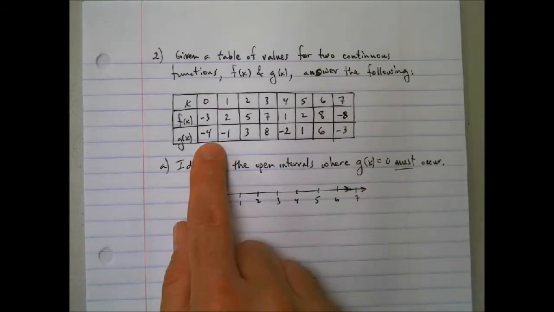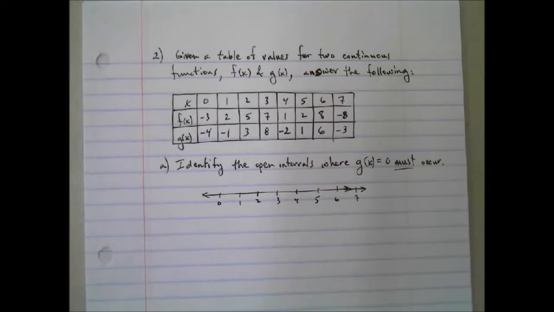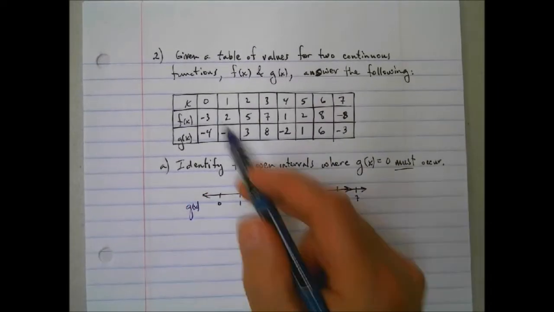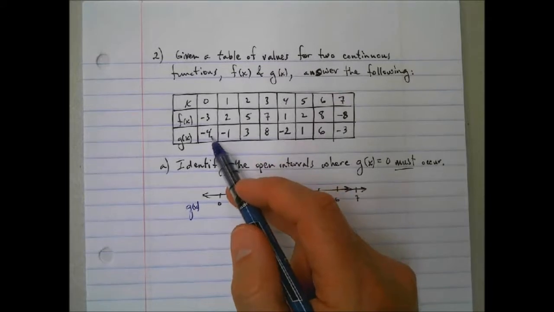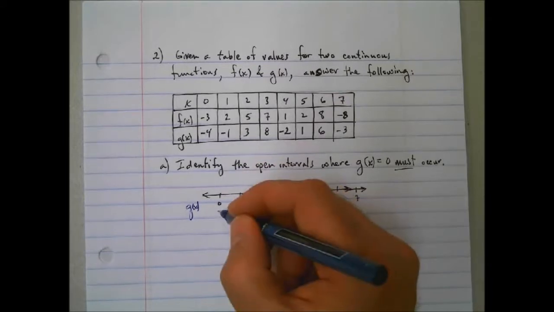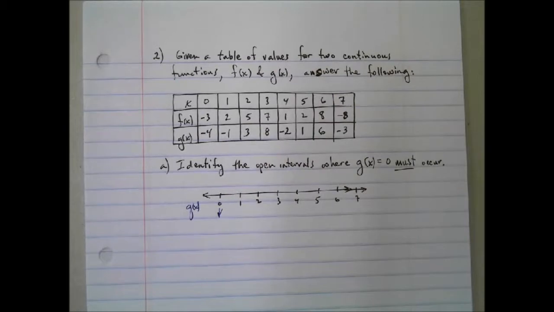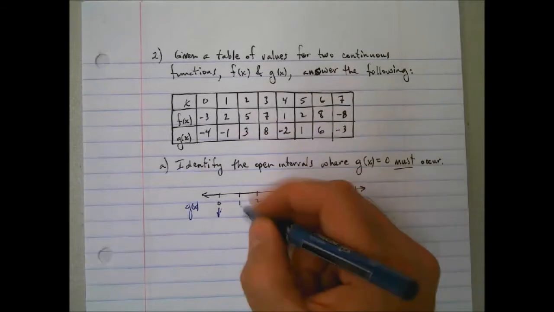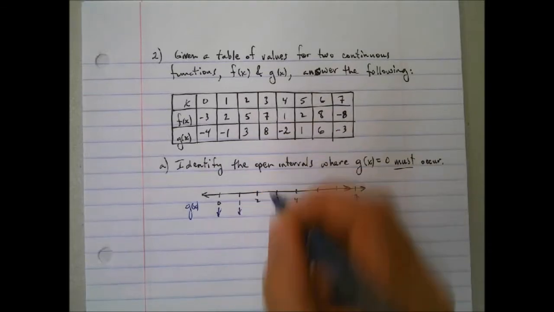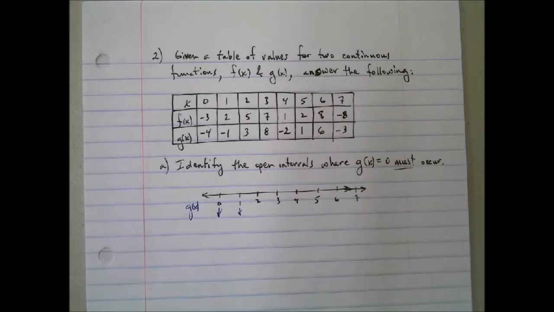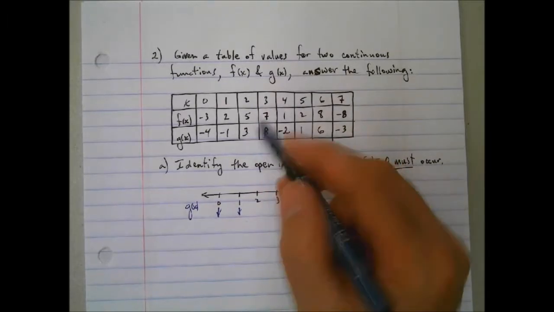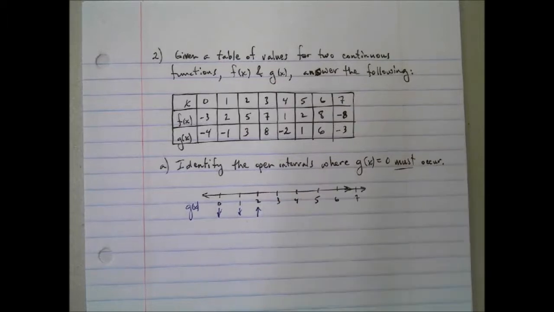So let's take a look at g. So my function g at x equals 0, it's at elevation -4. So isn't that below the x-axis at x equals 0? And then it's at -1 at x equals 1, so it's still below the x-axis. At x equals 2, it's at elevation 3, so all of a sudden it's above.